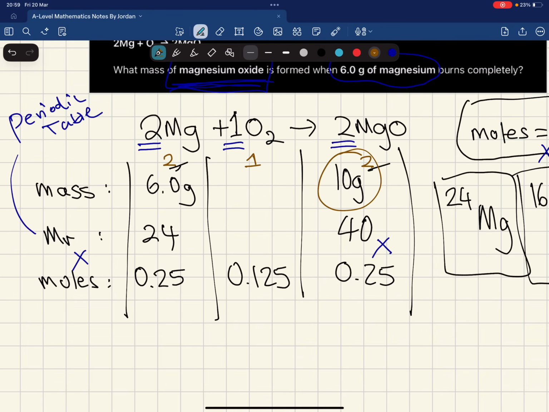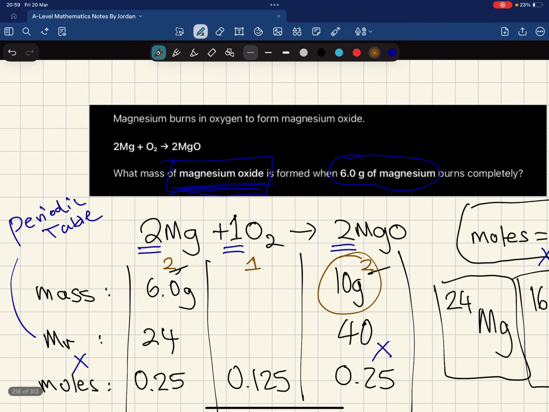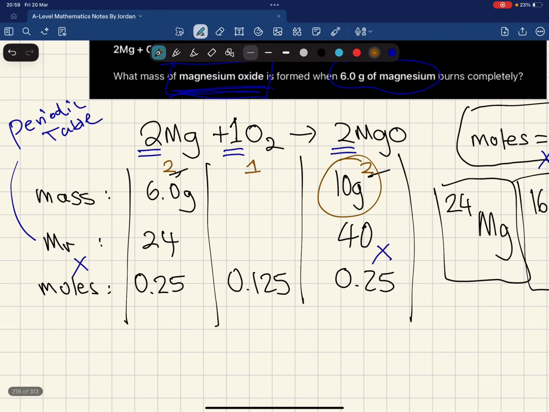Now, something I want to show you here. Since the equation is 2 magnesium plus oxygen gives you 2 magnesium oxide, you should find that the mass is consistent on left and right. So the mass of the reactants should equal the mass of the products. I want to check that now. Here's the mass of the product, 10 grams, so this should technically be 4. Let's check that.